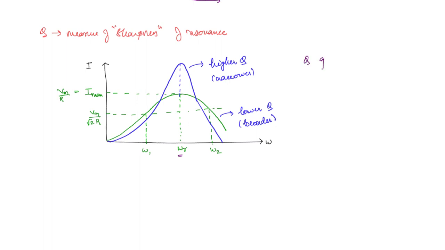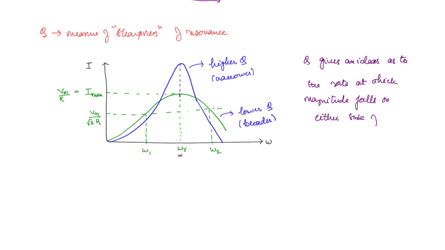So Q gives an idea as to the rate at which the magnitude of current falls on either side of the resonance, because resonance is the peak.